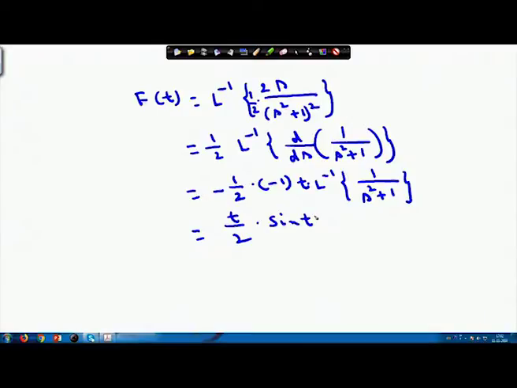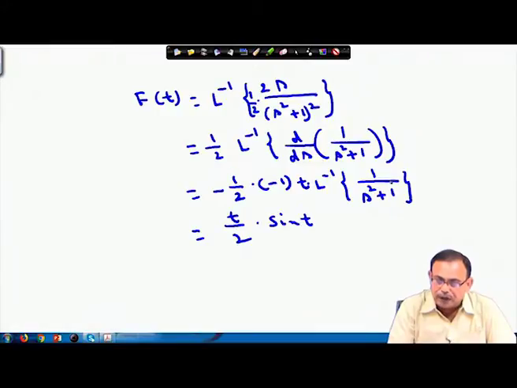So after d/ds, I take the derivative of this, and after that I get Laplace inverse of 1 by s square plus 1, whose value is sin t, giving t by 2 into sin t. Therefore, for that integral equation, the value of f(t) equals t by 2 into sin t.